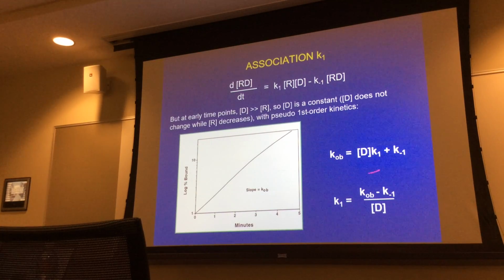So you can rearrange this equation and solve for K1 right here. The K observed is the slope. The drug concentration you already know because you know how much drug you put into this reaction. And the K minus 1 you've already solved from the previous data.